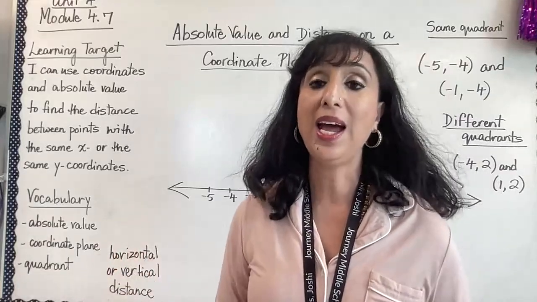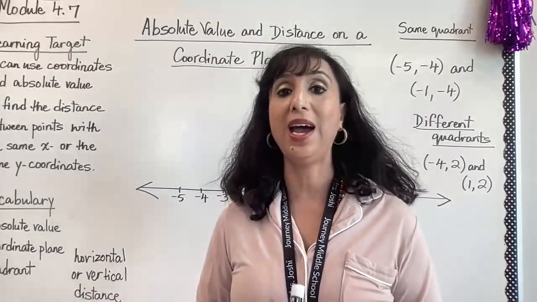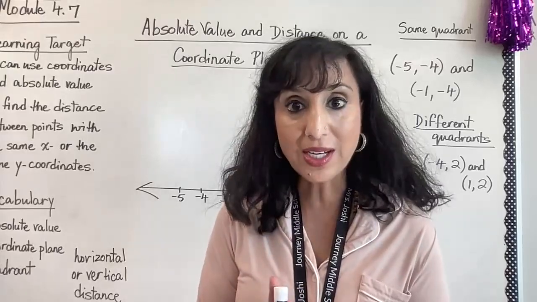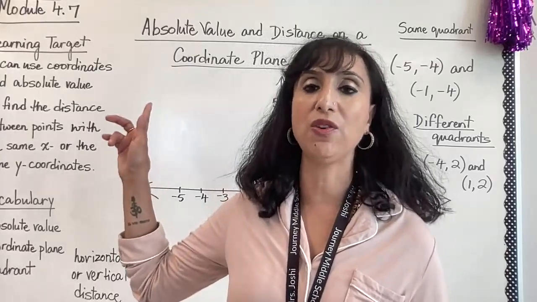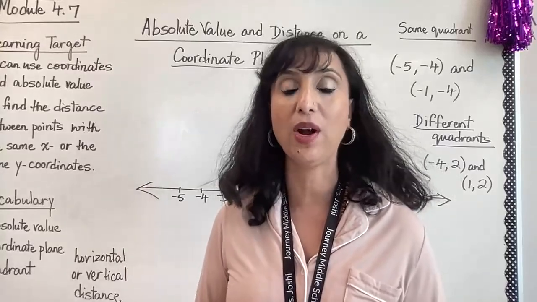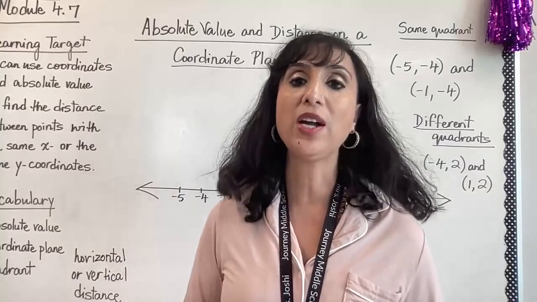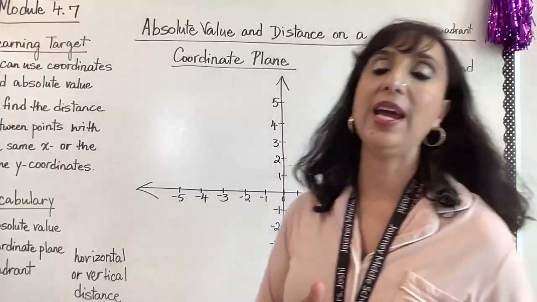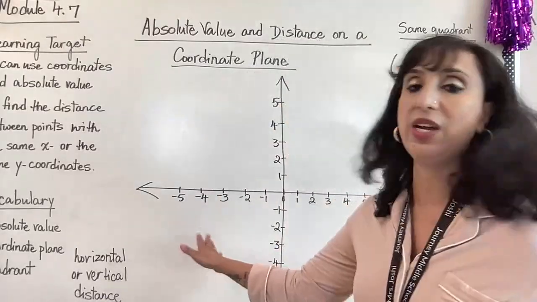All right? And so we've got to see what happens when I have ordered pairs that are in the same quadrant or when they're in different quadrants. So I've just given you the same quadrant points over there. So let's quickly talk about what happens to the distance. If I plot -5 and -4, I know that negative, negative both fall in quadrant 3, which is down here.